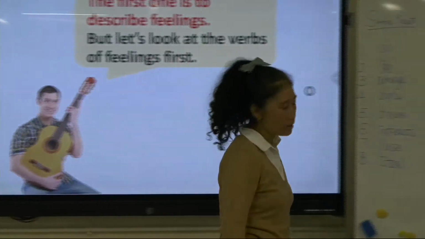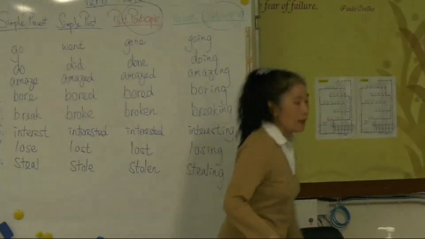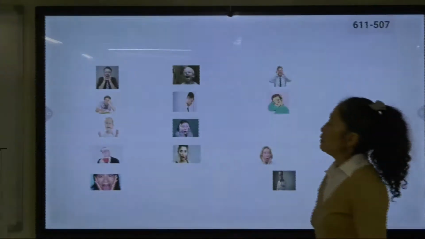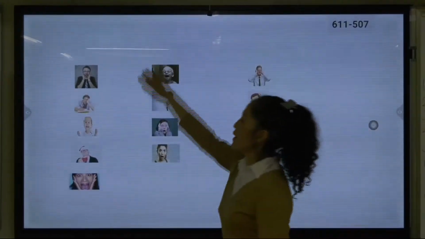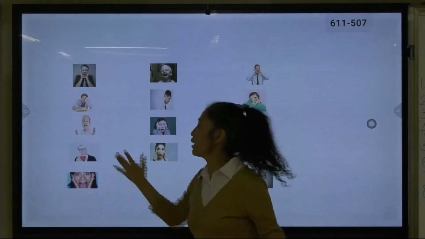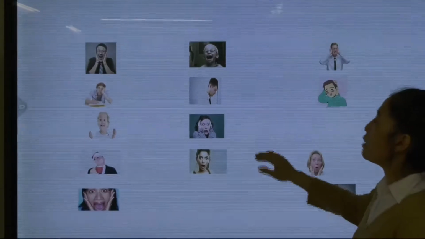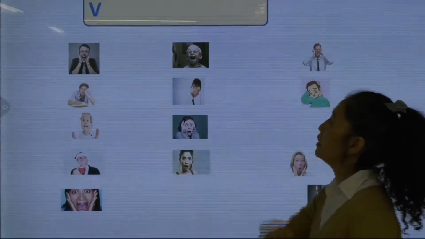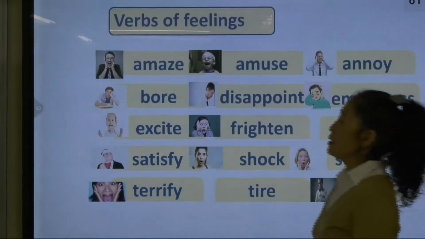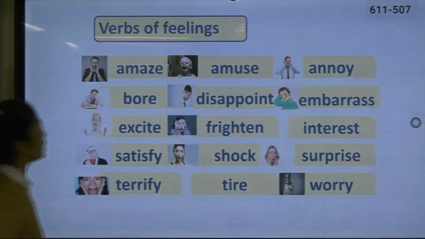Sad or boring? Look at this picture. You got so many faces showing you different feelings. Okay, I don't want to explain. So these are different verbs of feelings. Alright? So now let's look at every word.